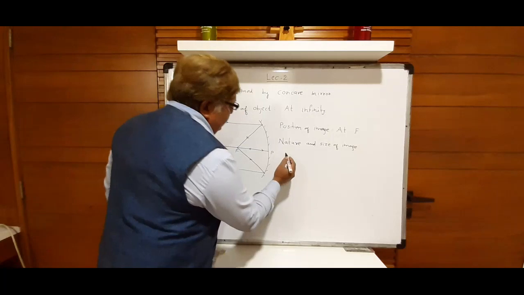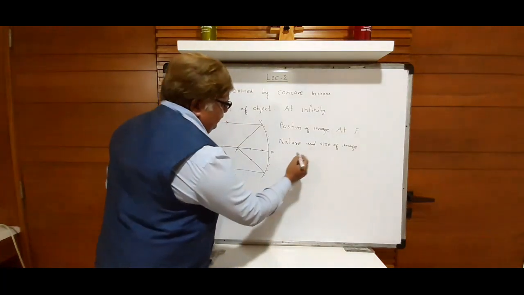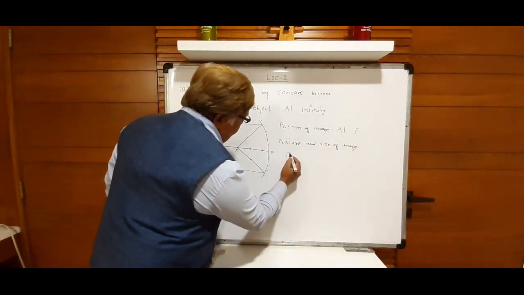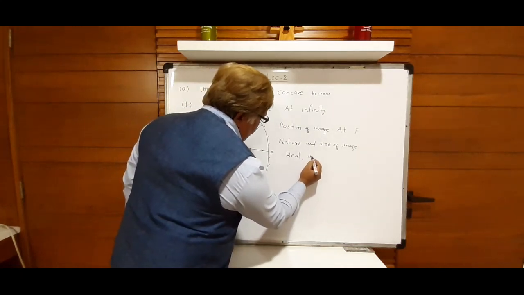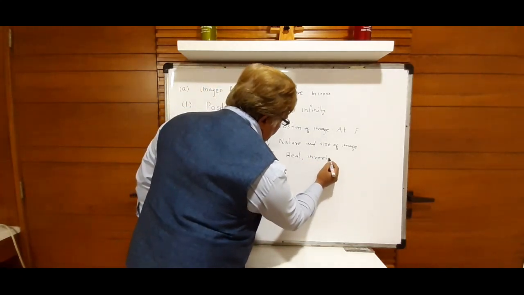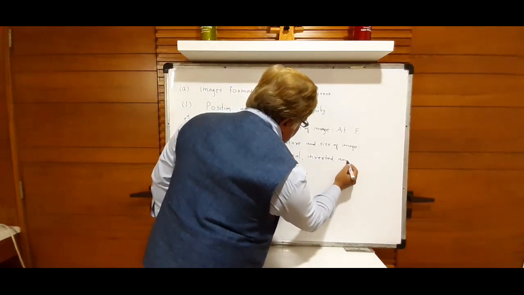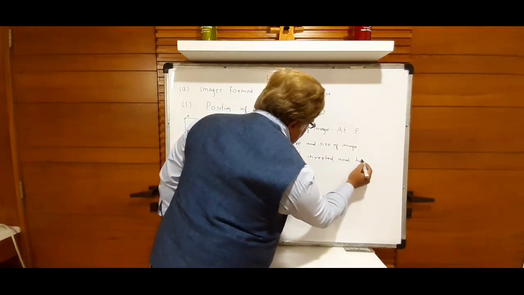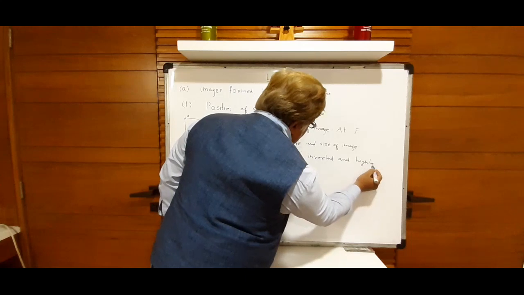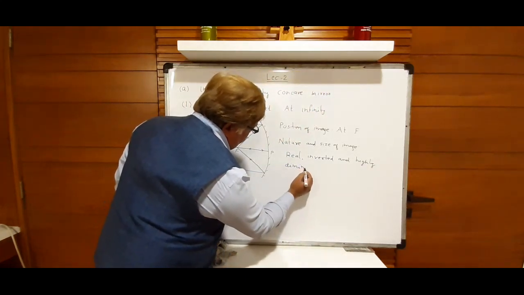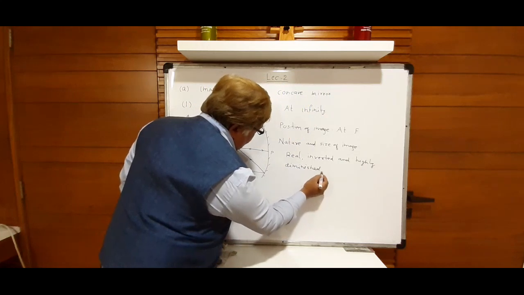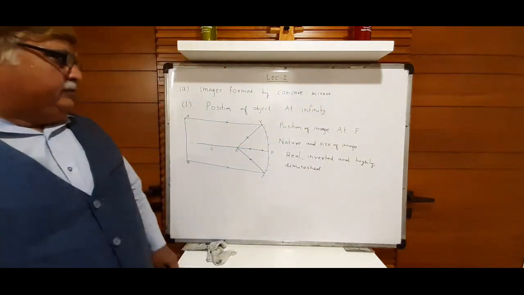So what can you write here in nature and size of the image? It is real, inverted, and you should mention this word, highly diminished. Real, inverted, and highly diminished image.